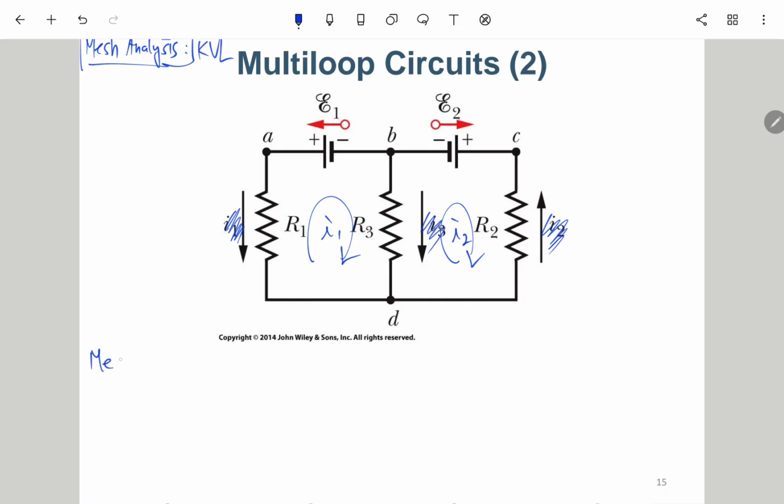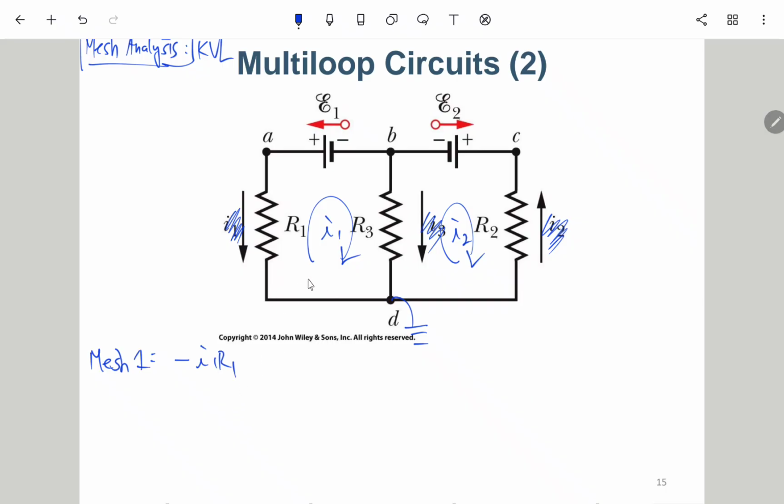For mesh 1, let's say this is also a ground node, so we start from here. We consider I1 from bottom to top, so this will be minus I1 R1.